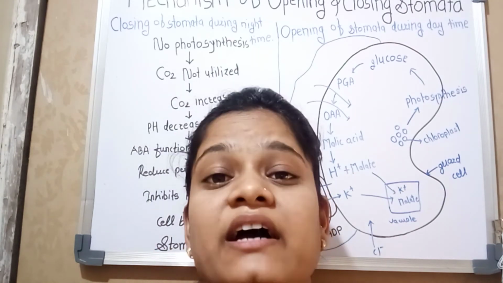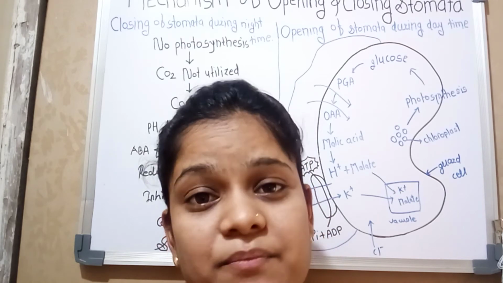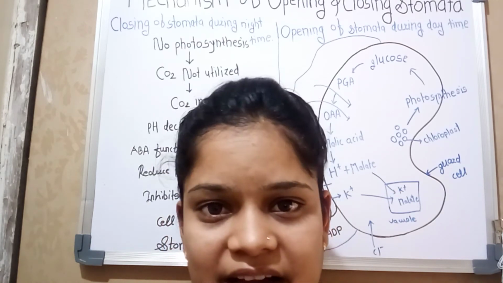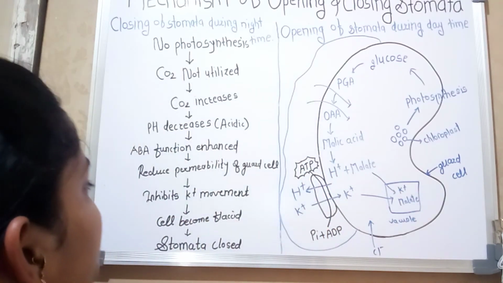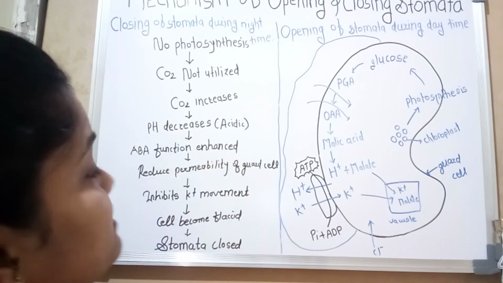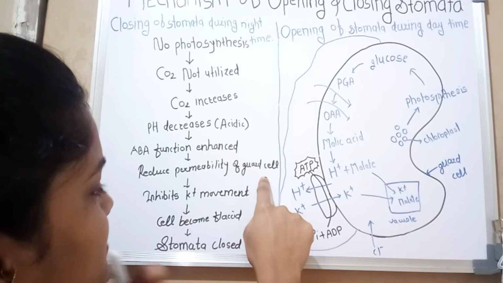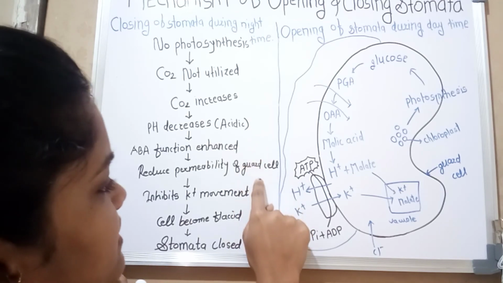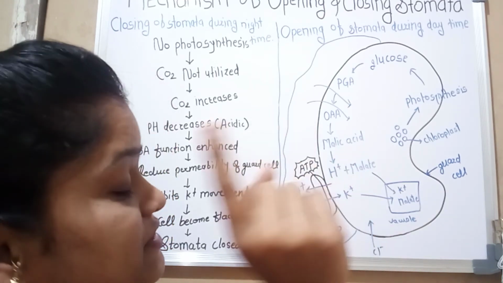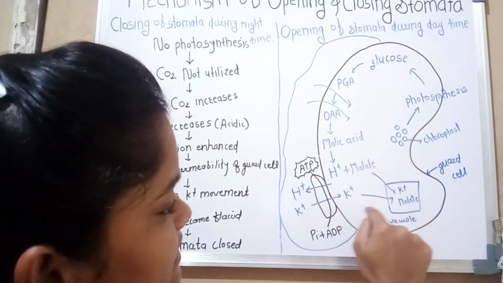It means potassium ions are not allowed to enter inside the guard cells. So when ABA function is enhanced, the permeability of the guard cells is reduced, which means potassium ions do not enter inside the guard cells.